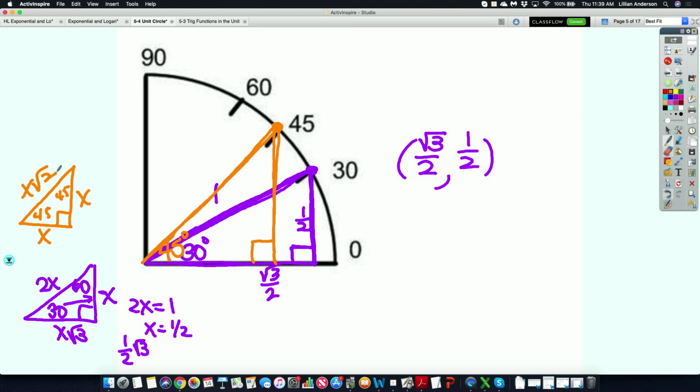Again, my hypotenuse is inside the unit circle, so what's my radius? 1. So in a 45, 45, 90 degree triangle, that 1 corresponds to what part? The x root 2, the hypotenuse. So if I set it equal, x is going to equal what? Square root 2 over 2. And how'd you get square root 2 over 2?